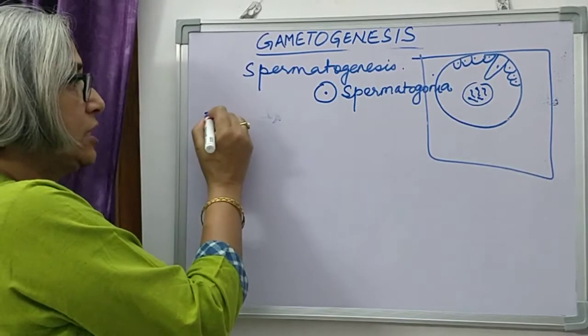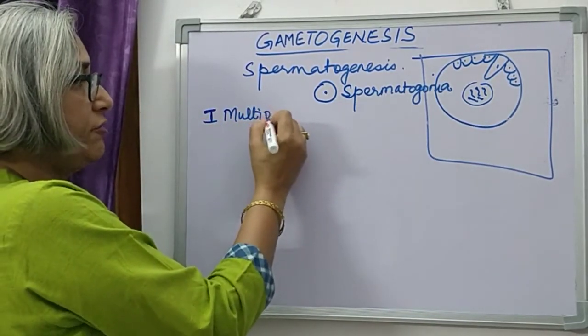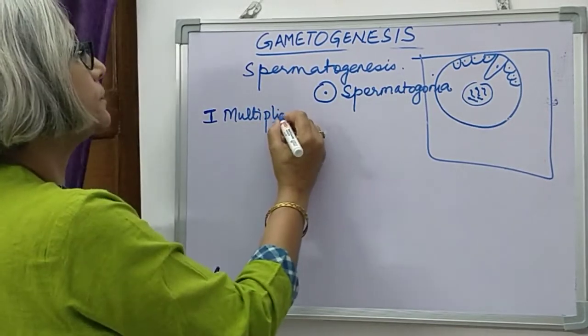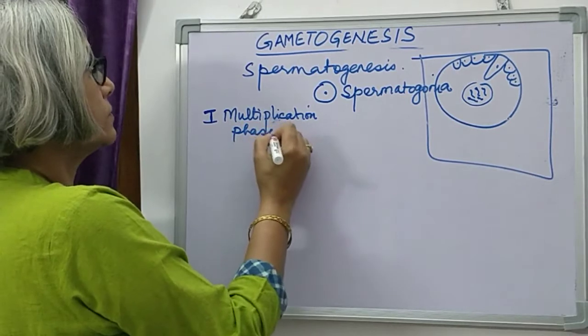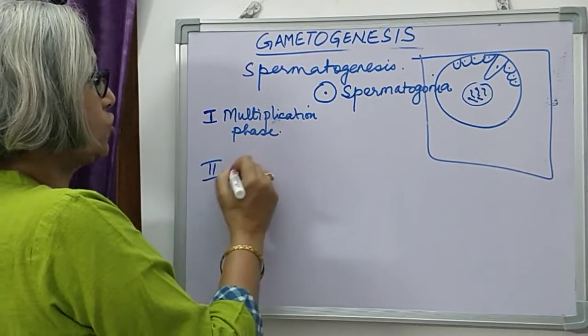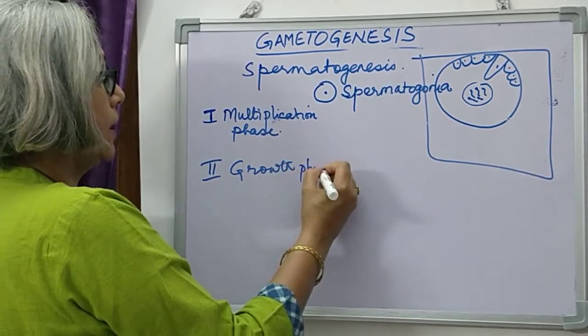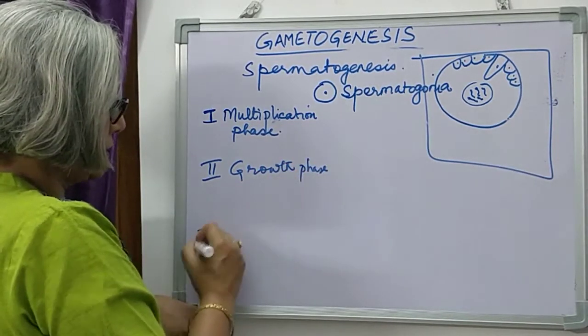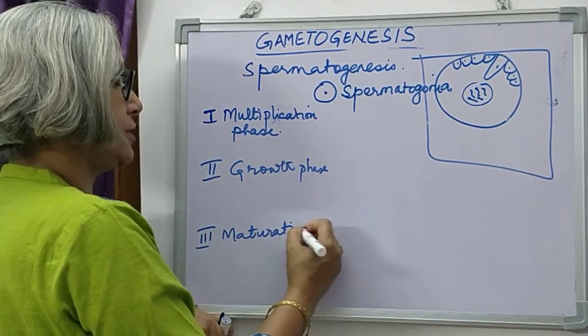First stage is called the multiplication phase. Second phase is called the growth phase. And the third phase is called maturation phase.